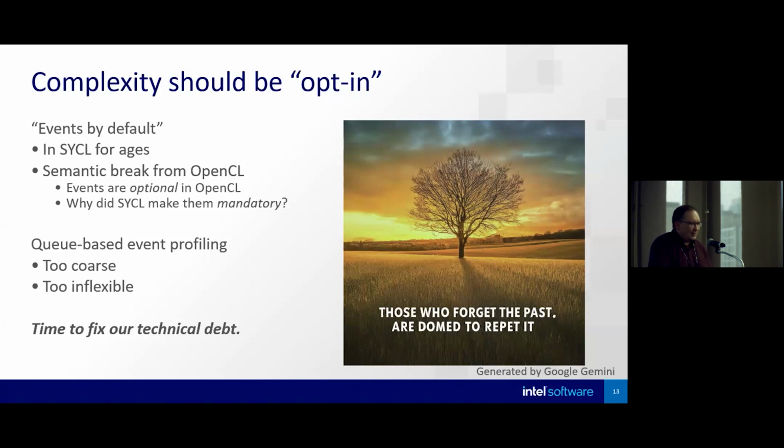And it's confusing why that choice was made in the first place, because SYCL 1.2 and 1.2.1 was meant to be really closely tied to OpenCL 1.2. And in OpenCL, events are optional. So it's unclear why SYCL chose to make them mandatory.